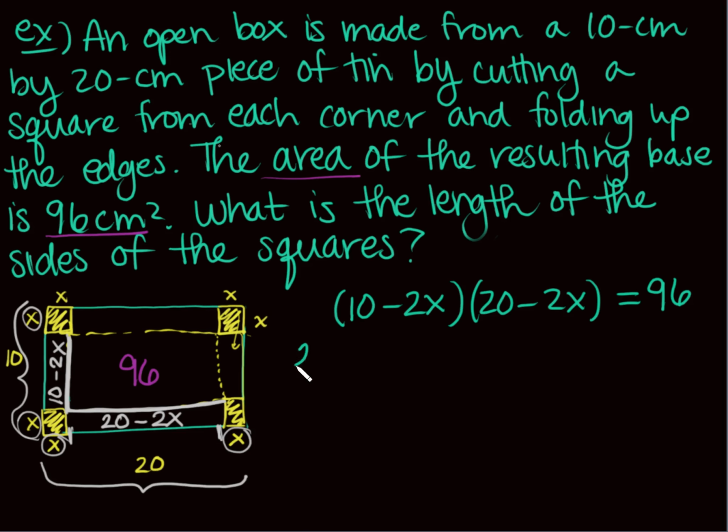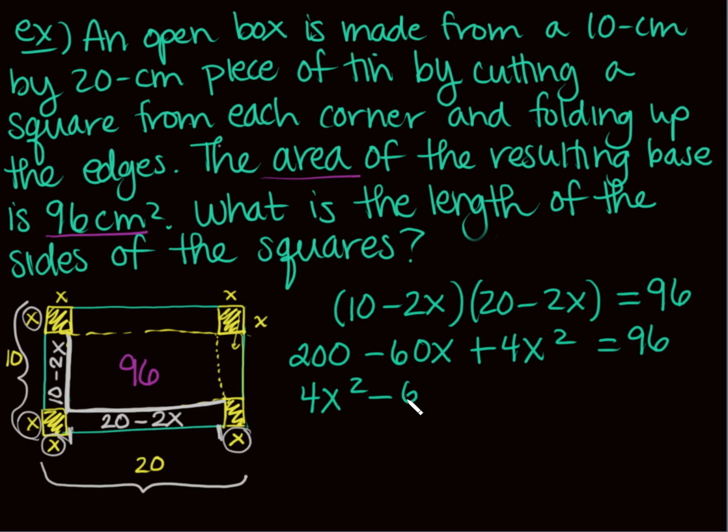I'm going to FOIL this out, get 200. Here I'm going to get 20x minus 40x, which is negative 60x, plus 4x squared equals 96. It's a quadratic, so I always set quadratics equal to 0 to solve it. 200 minus 96 is 104, equals 0.